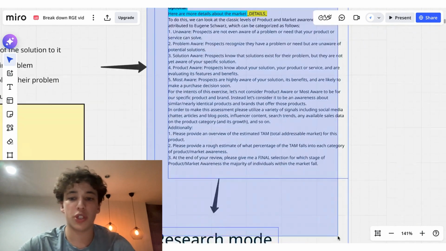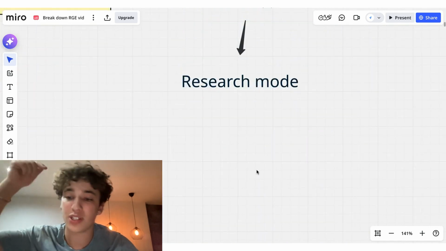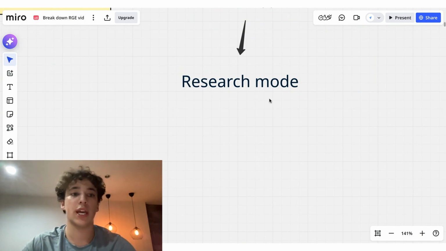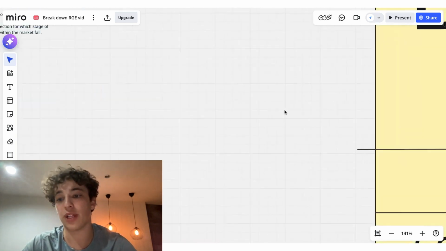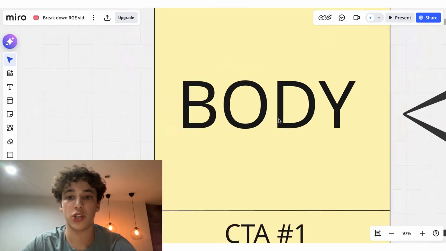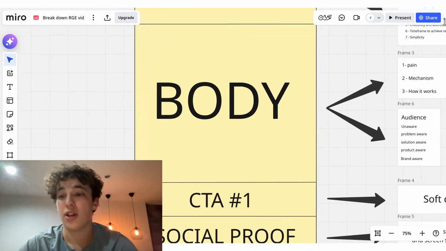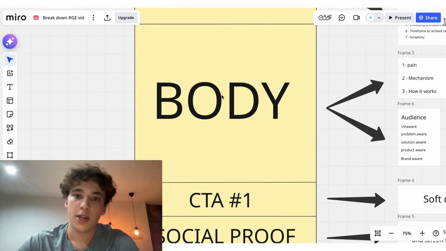This prompt you're going to put into ChatGPT and put it into research mode. This prompt is going to be in the description. There's going to be a link for it. You can get it, and then all the little spots that are highlighted, you have to fill out and put in your own business information. And then basically ChatGPT will spit out all the information about the awareness level of your audience.